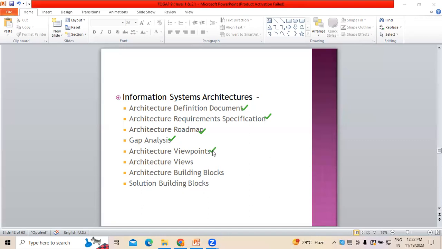At the same time, what are the architectural viewpoints we have? We need to understand and focus more on the architectural viewpoints that are important and essential to make things clearer when we are working on it. At the same time, knowing about architectural views is also a key and prominent element one has to understand.